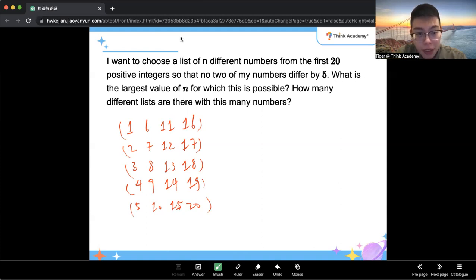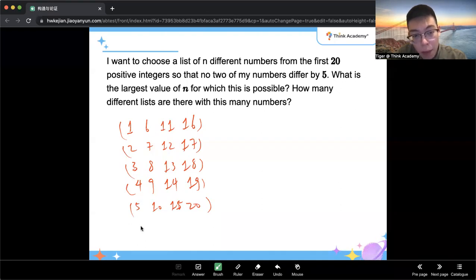2, right? For example, if I'm taking 1, I can also take 11 or 16. If I'm taking 6, I can also take 16. If I'm taking 11, I can take 1. If I'm taking 16, I can take 6 or 1, right?